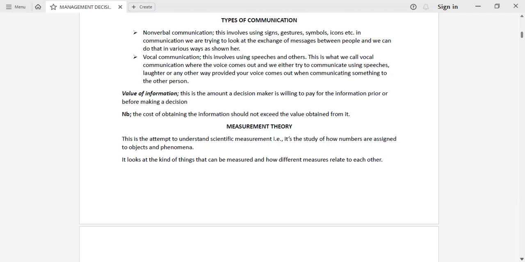So if we want to know how heavy a kilogram is, then we need to relate it to something else, so that we can be able to quantify the application of these items.